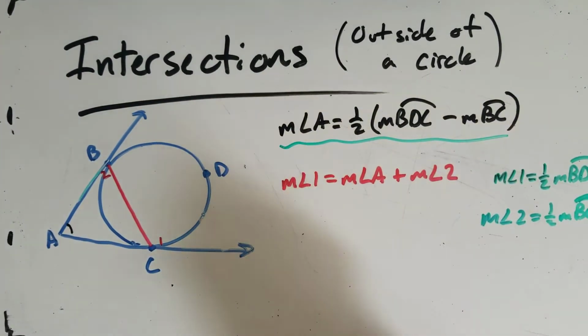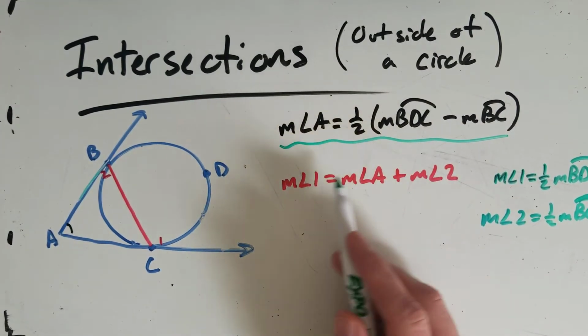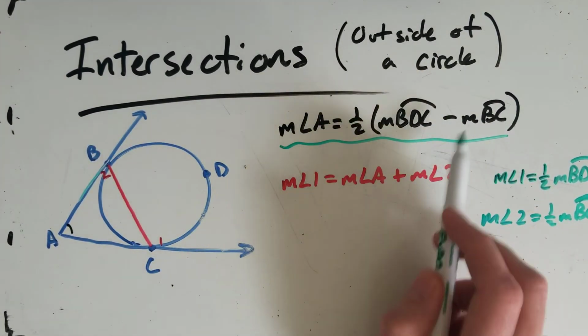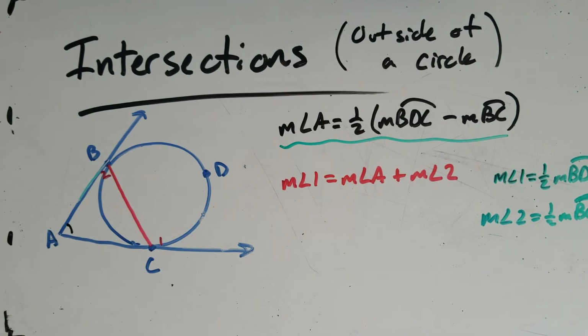And then we could simply substitute, subtract, factor out the 1/2 again, and we'll still end up here. So these are the three relationships now if we have an intersection outside of a circle, of tangents and secants, different combinations of those.